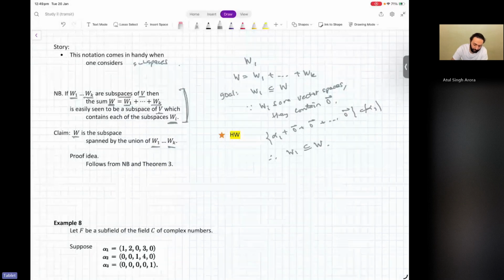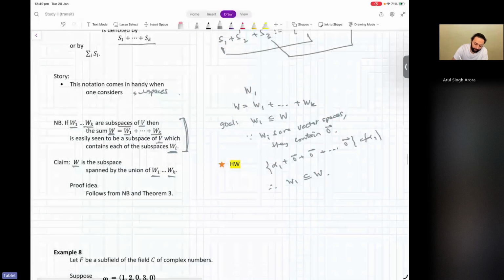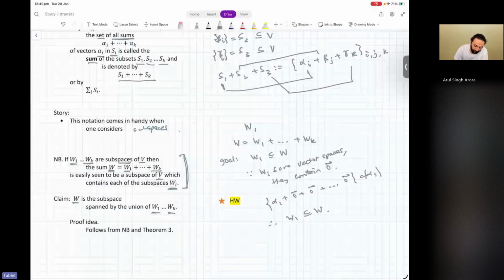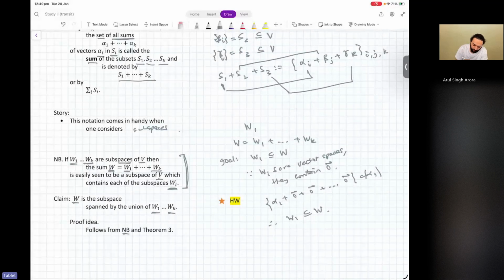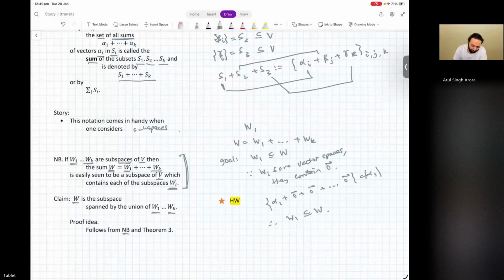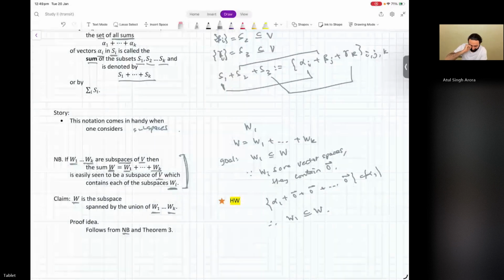Okay. So how do we see this? So the note above: we know that all the W1 to Wk are subsets of W. So we can assume that their union is also a subset of W. Right.